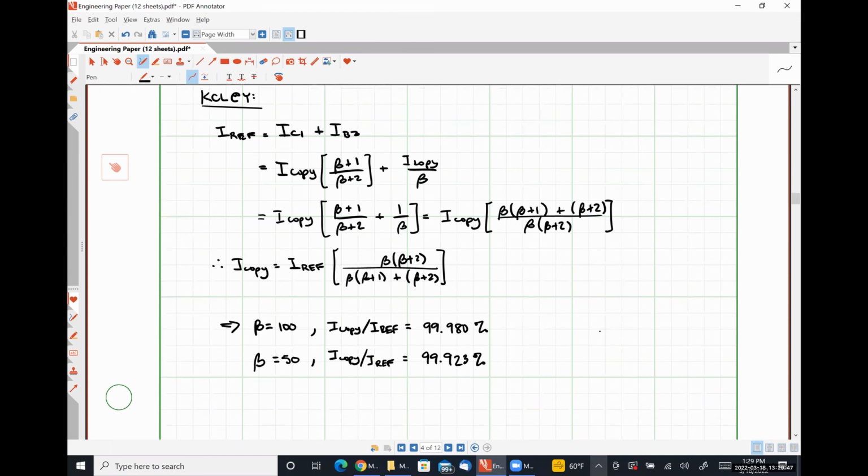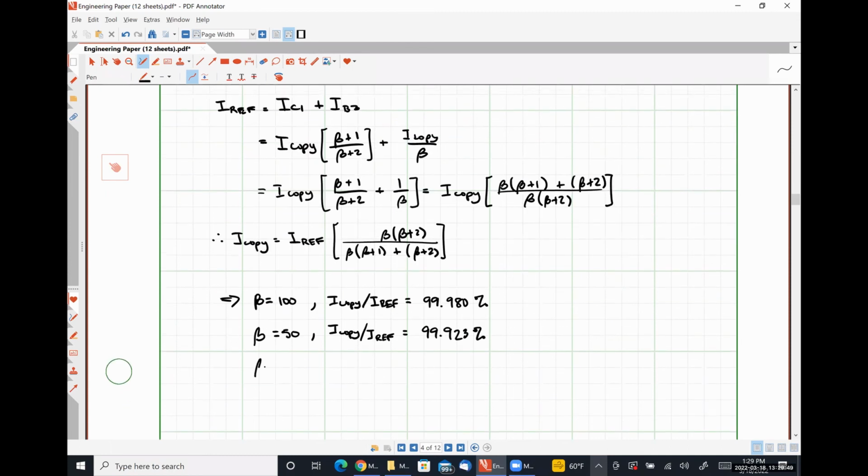And then finally, with a beta as low as 10, I copy over IREF is 98.361%.